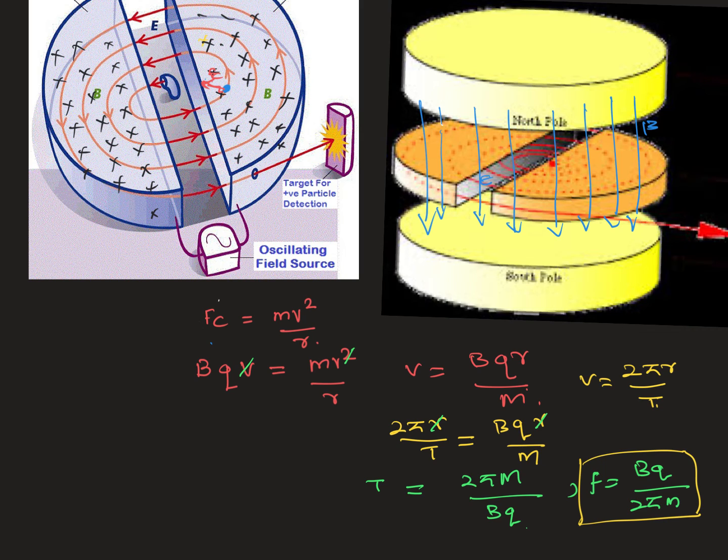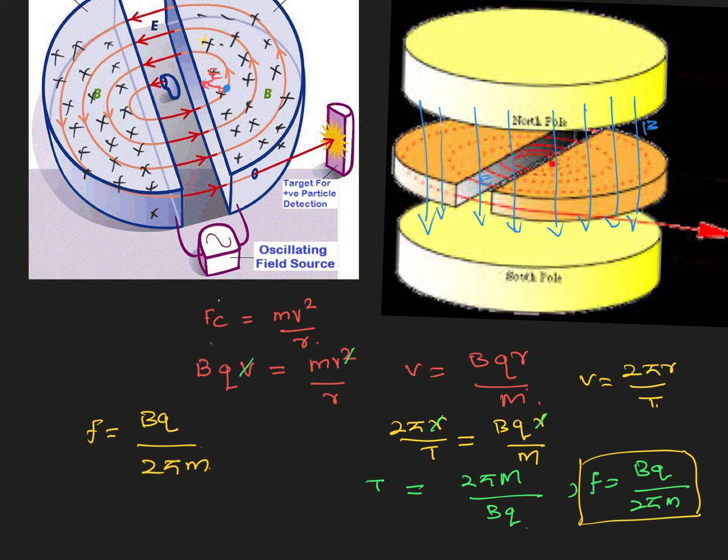Let's write it here: f is equal to BQ over 2 pi m. So what does this depend on? It doesn't depend on the radius or anything. It does depend on the magnetic field, the charge, and the mass of the particle.